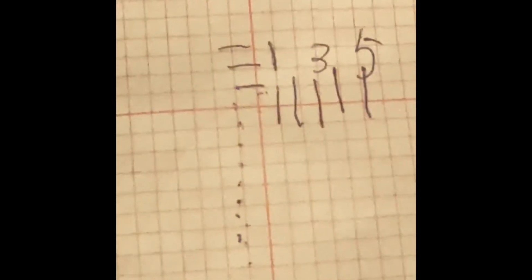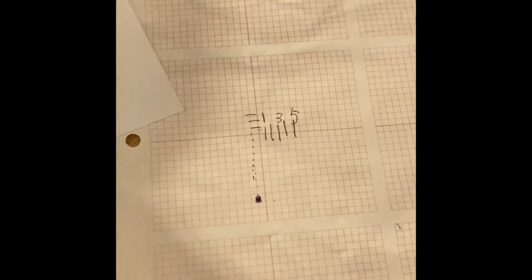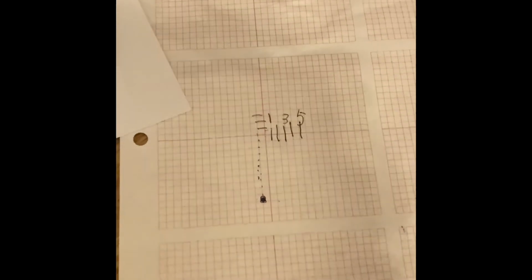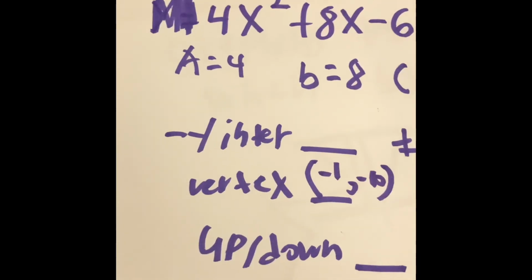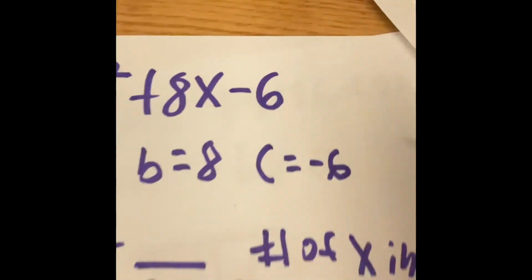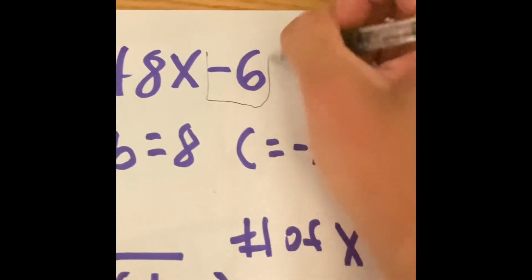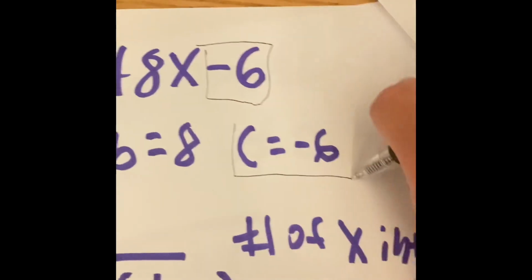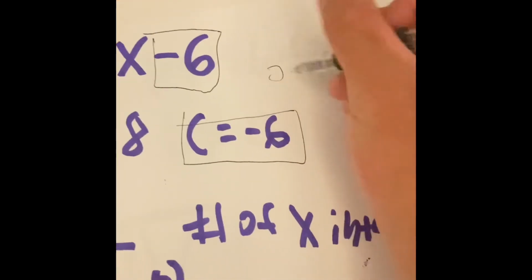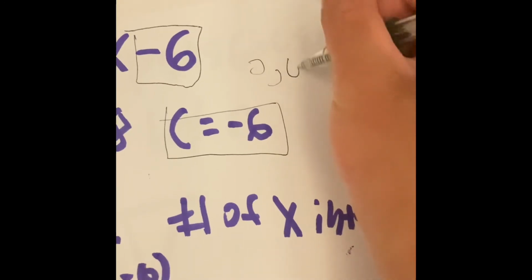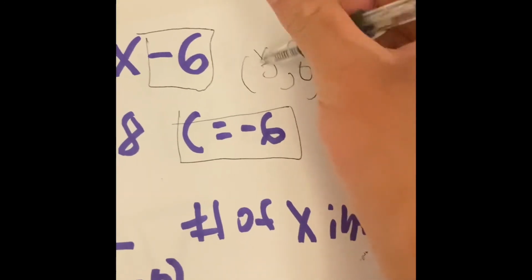After we do that, the second step is very simple. Now we get to go to the normal path, finding the y-intercept. The y-intercept is always going to be your c value, and it also has a point of 0, comma, something, as a point for x and y.